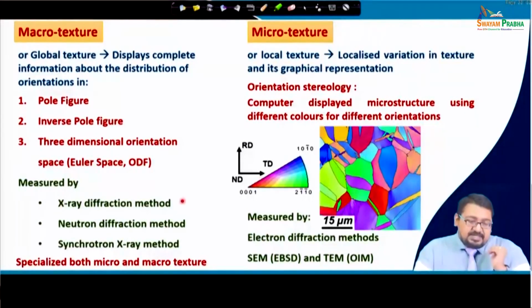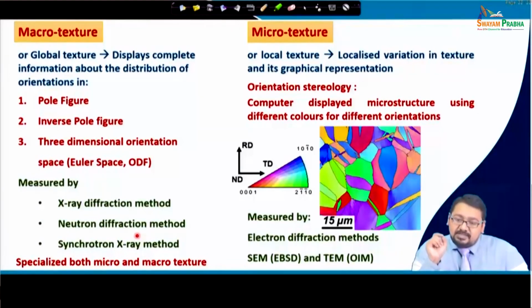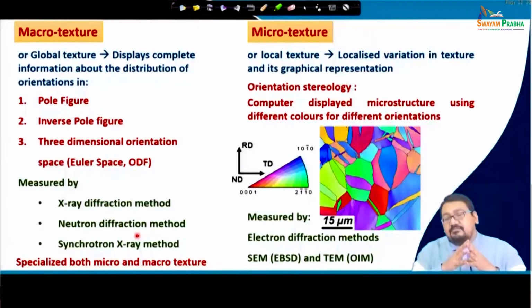Now, if we look into another specialized technique, this is the synchrotron X-ray diffraction method, where the X-ray radiation is obtained from a synchrotron, utilizing a beam line, so that very low wavelength, parallel, thin X-ray beams could be obtained.